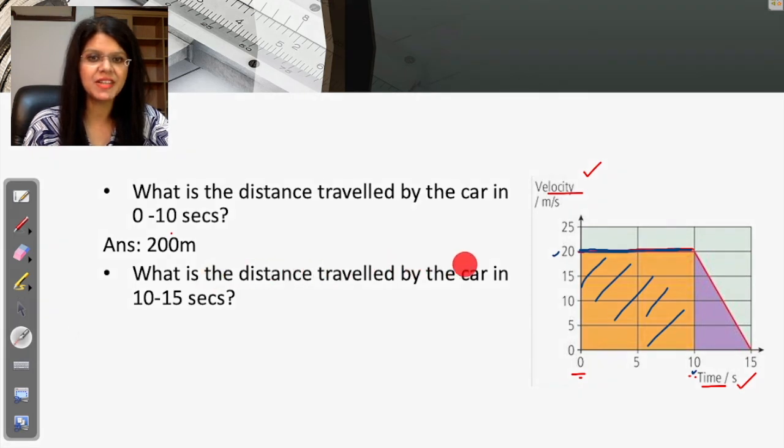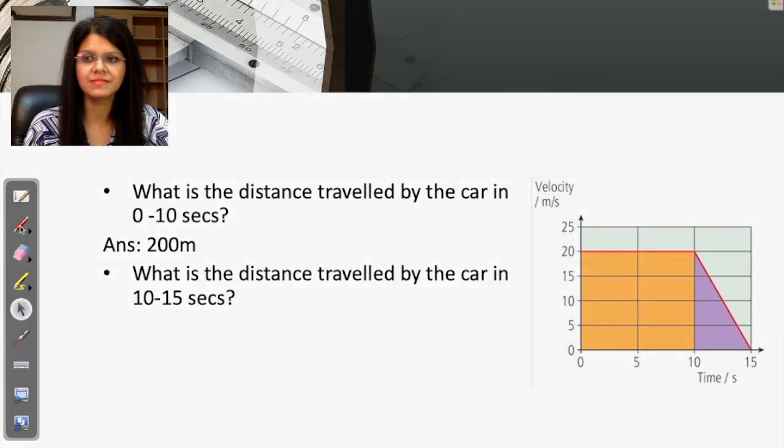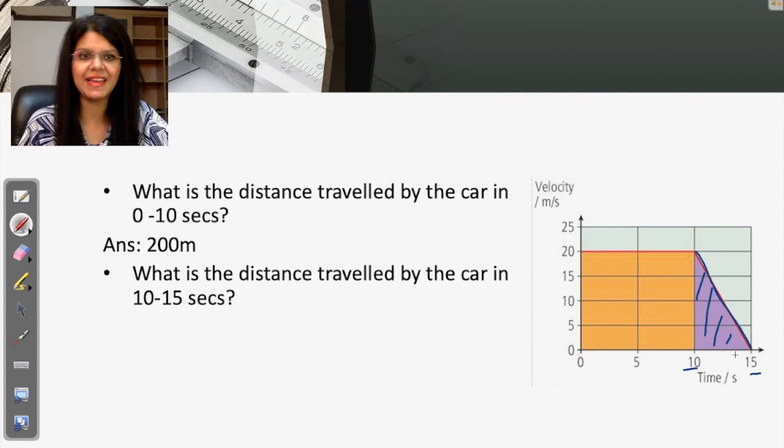Next question. What is the distance traveled by the car from 10 to 15? So which is the portion of the graph we have to focus on? We have to focus on this line, which is a triangle. Now we use the formula for the area of a triangle, because the shape which is coming under the graph line is a triangle, right?